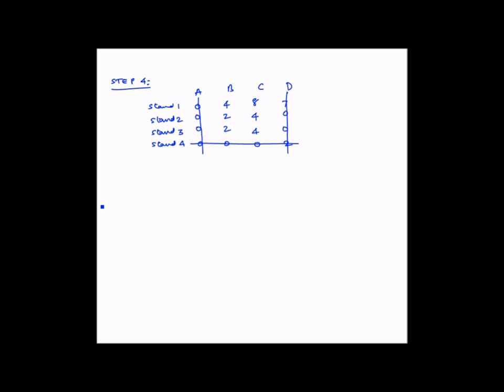Here we'll select the smallest element not covered by the lines and subtract it from each element not covered by the lines. Secondly, we'll add that number to the elements at the intersection of the lines. And third, we'll reproduce all the other elements as is. So let's now move to step number 5.